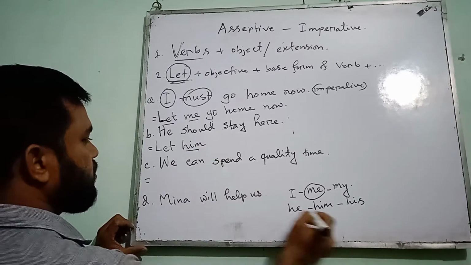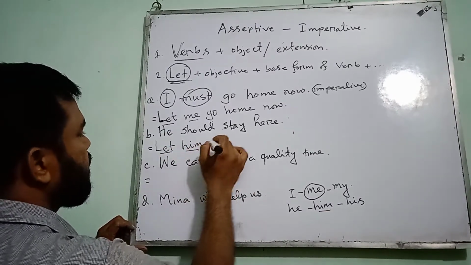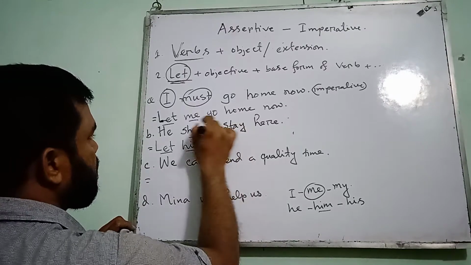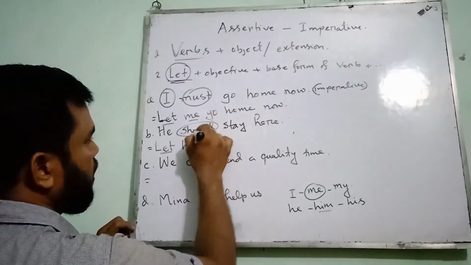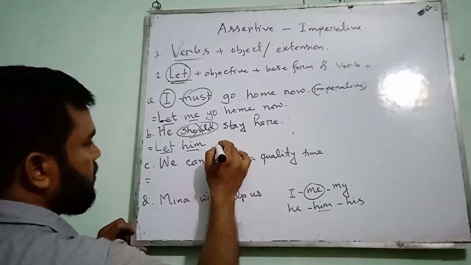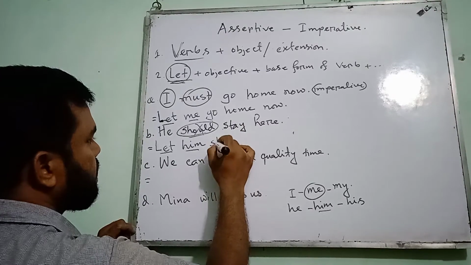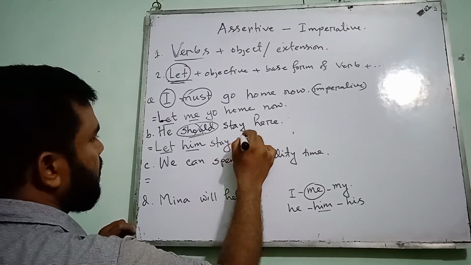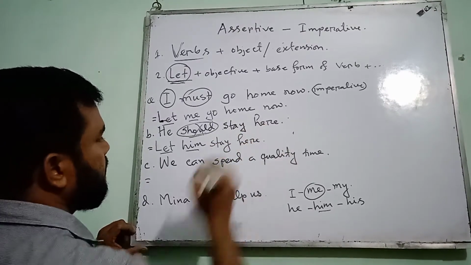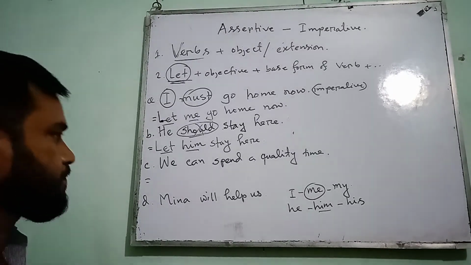I have to use the objective form of he. Let him. The auxiliary verb here is "should", so we have to exclude this. We will not write the auxiliary verb, but we write the main verb "stay": let him stay here.